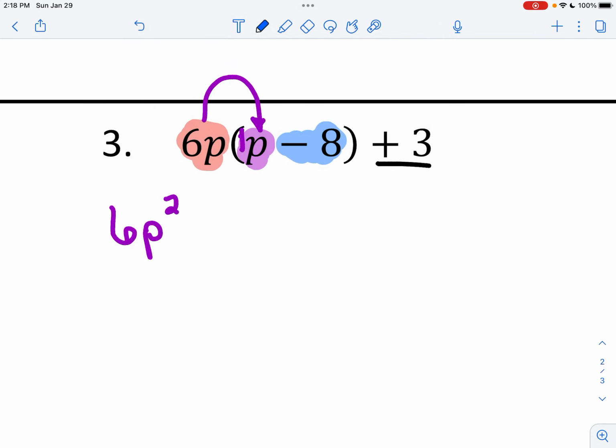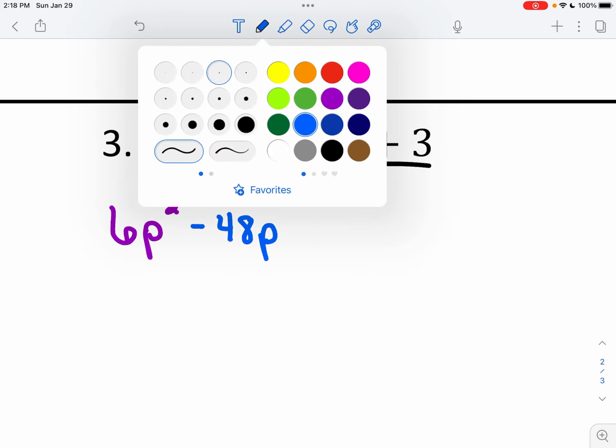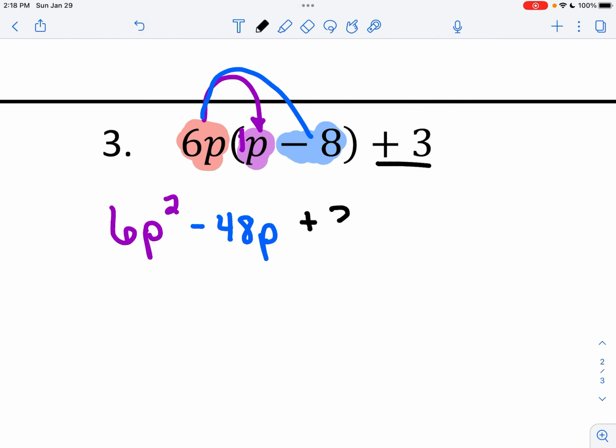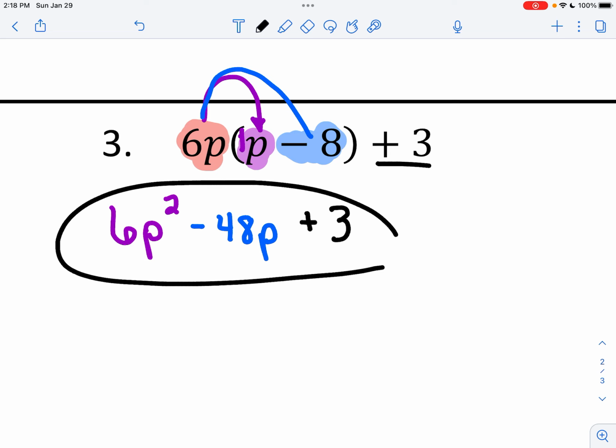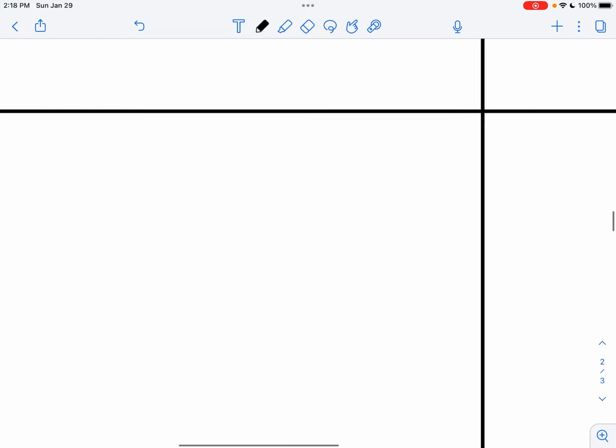Now blue. I have 6 times -8 is -48, but since this first 6p had a p, that has to have one as well. So that blue arc, I'll just show it to you one more time, makes a 6 times an 8, which is 48, but because the 6 had a p, I had to include it in that. And then the +3 is just going to come down. None of these are like terms because they all have different exponents, so I'm done.